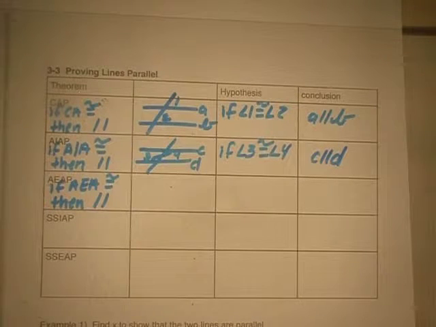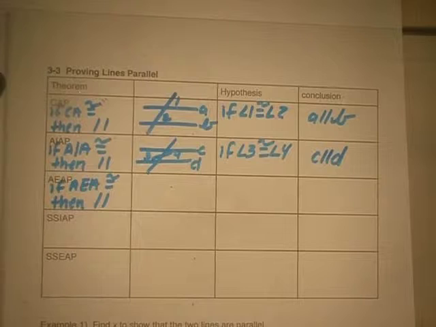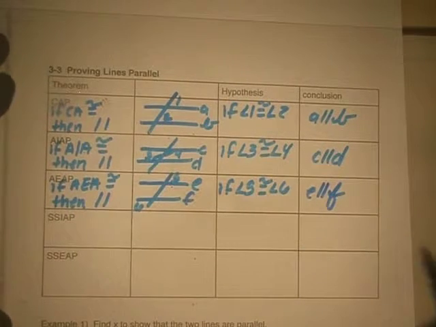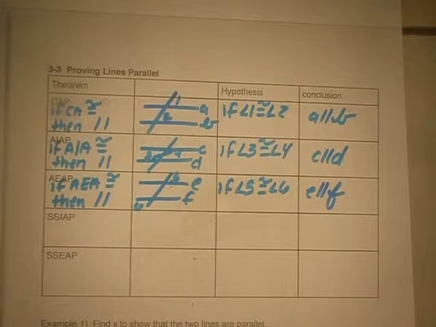So if angle 3 is congruent to angle 4, and we're going to call those lines C and D, then line C is parallel to line D. And the third one, if we have alternate exterior angles, if angle 5 is congruent to angle 6, then E is parallel to F. Corresponding angles congruent, alternate interior angles congruent, alternate exterior angles congruent, then the lines are parallel.